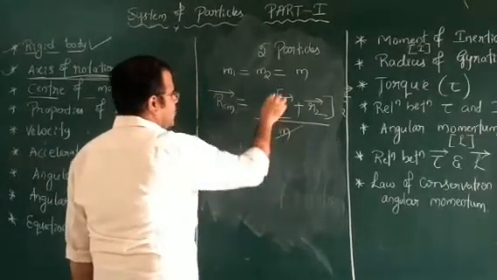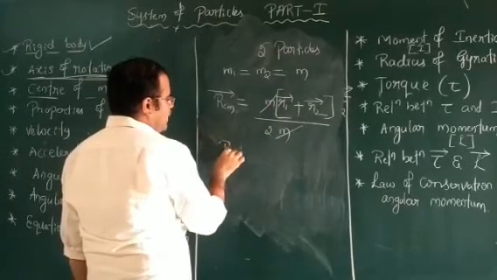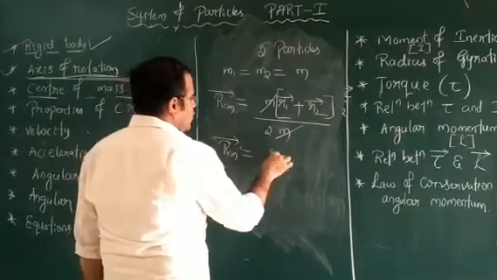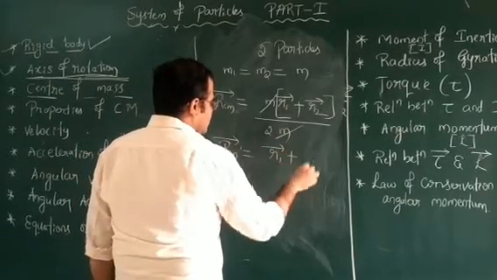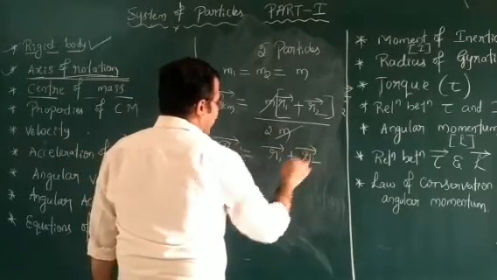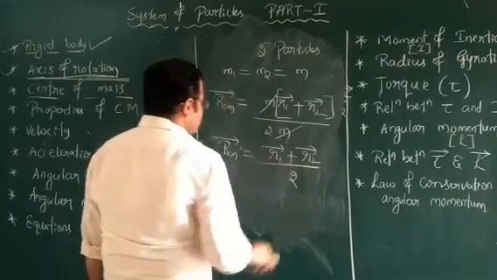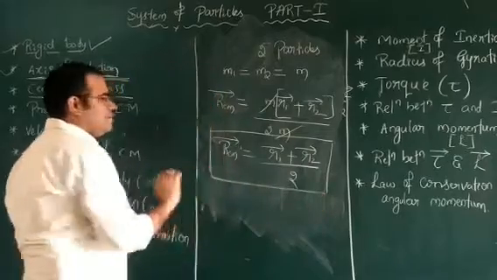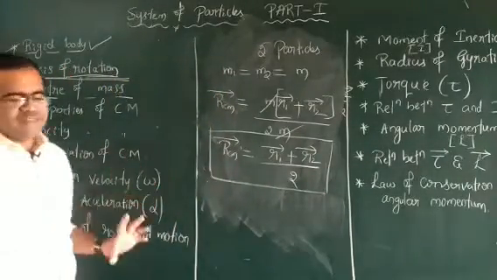So here m and m get cancelled. Now we can say the center of mass will be equal to vector r1 plus vector r2, divided by 2. So this is the equation corresponding to the center of mass. What is the meaning of this? Let us see.